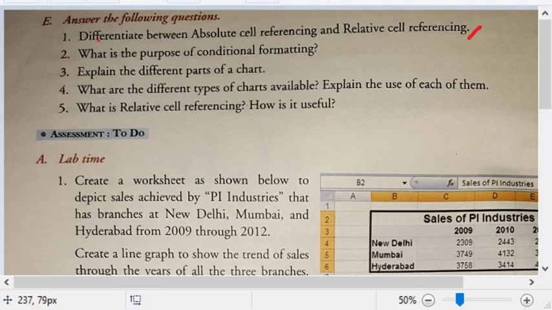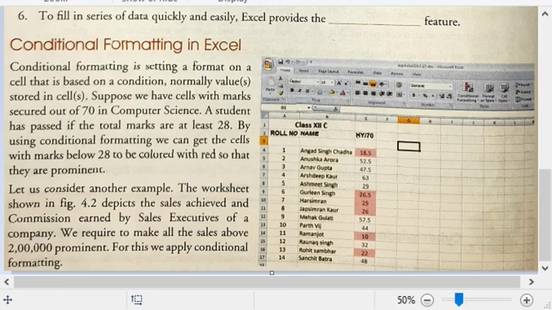The next question is, what is the purpose of conditional formatting? Its answer is given on page number 28 from here. Conditional formatting is setting a format on a cell that is based on a condition, normally values stored in cells.